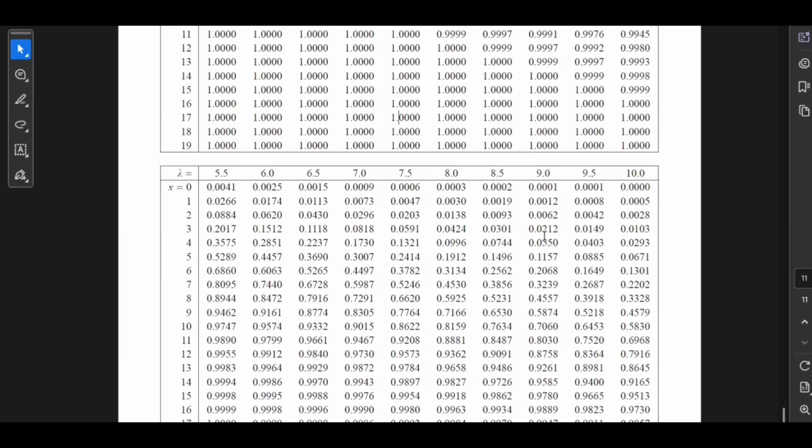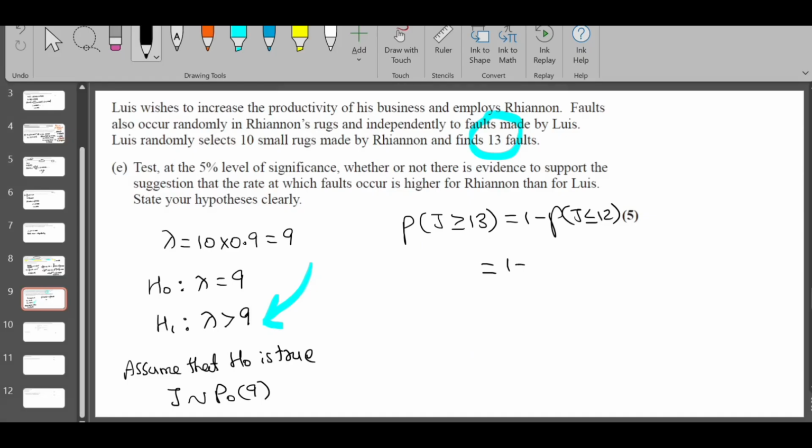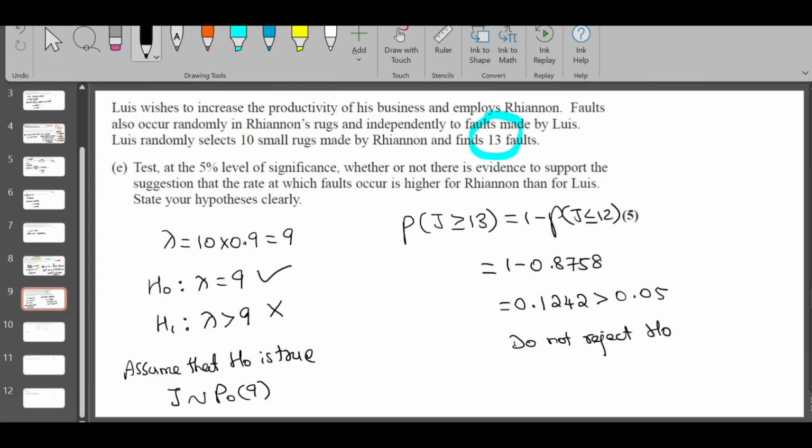That's 0.8758. 1 minus 0.8758, which is 0.1242, is bigger than the significance level. So if the calculated value is bigger than the significance level, do not reject H0. What does that mean? We accept H0, we reject this. So when you write the conclusion, you need to write there is insufficient evidence.